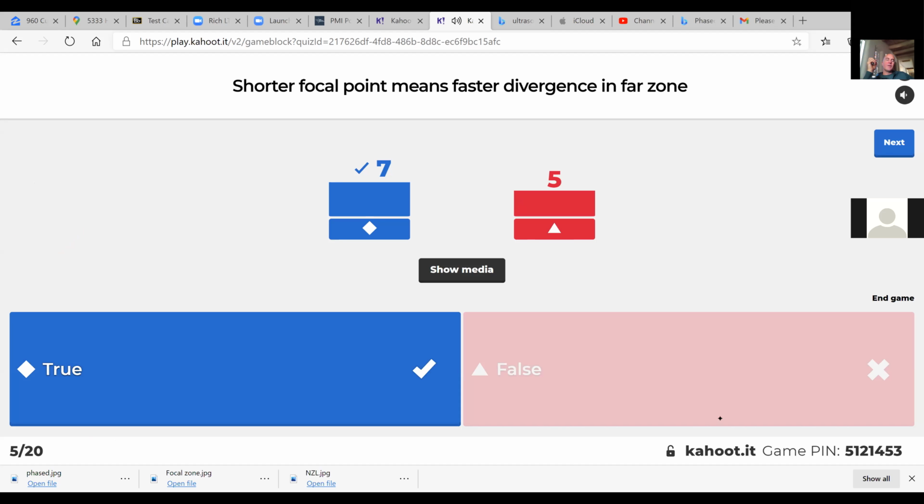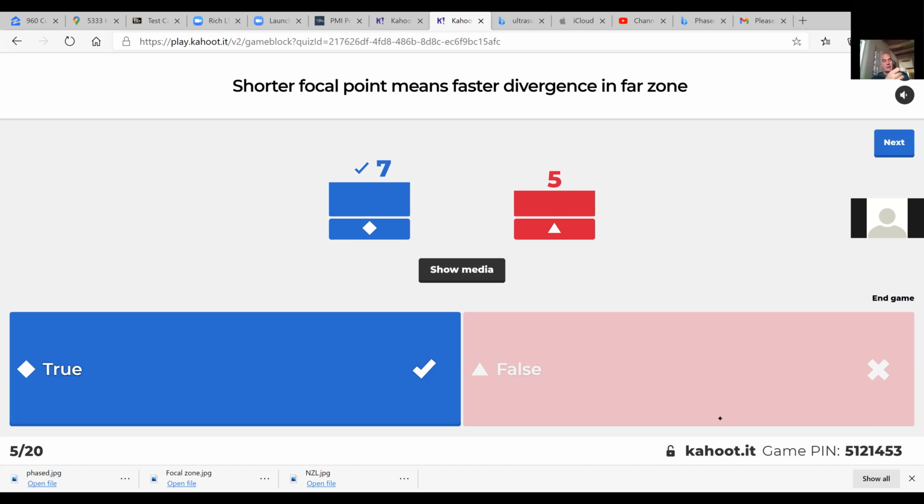It is true, no matter, so when the focal point is closer to the transducer, the divergence in the far zone is faster. So it's more of an hourglass shape.